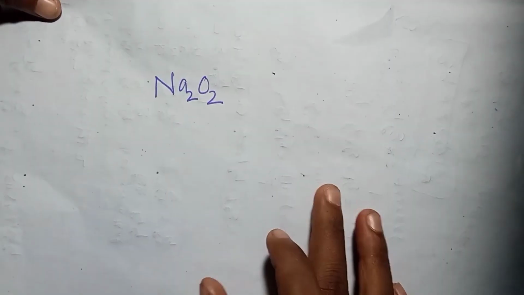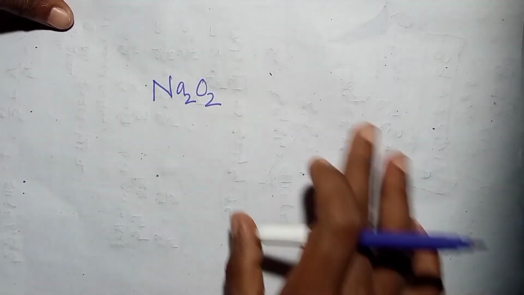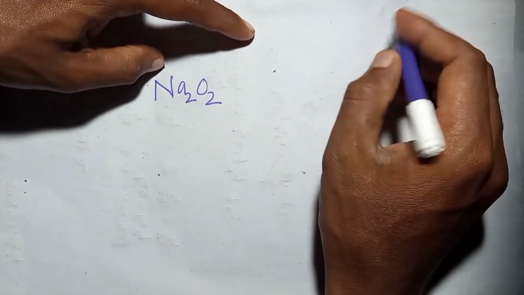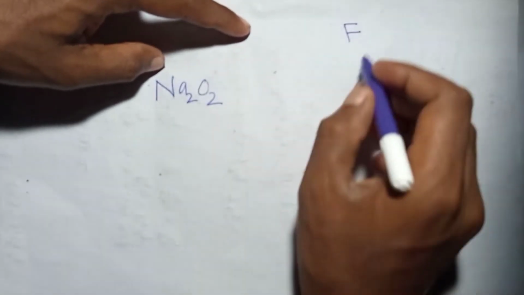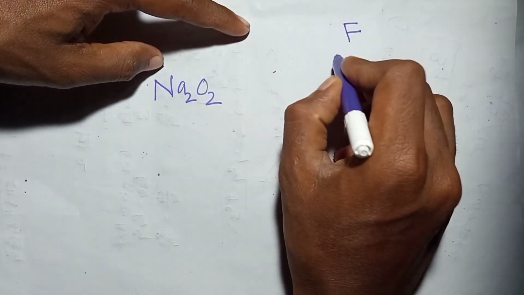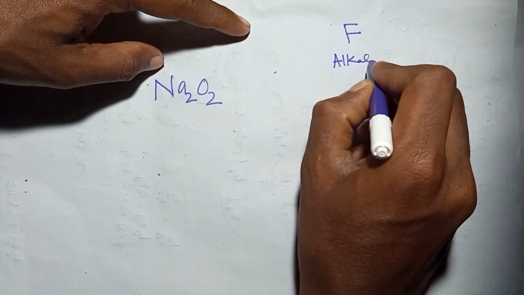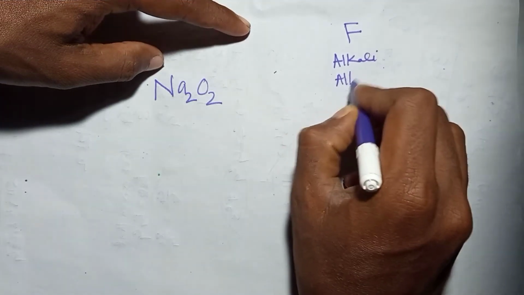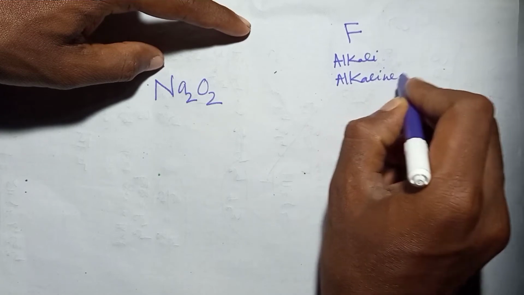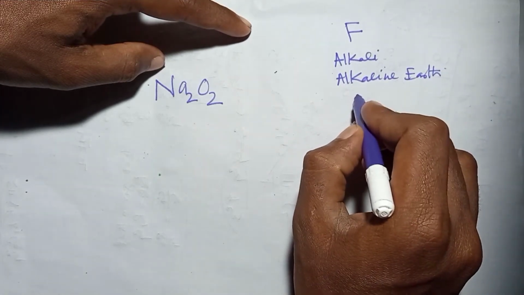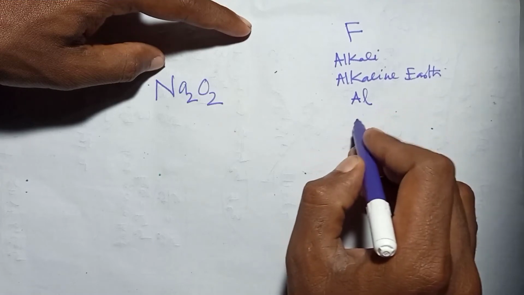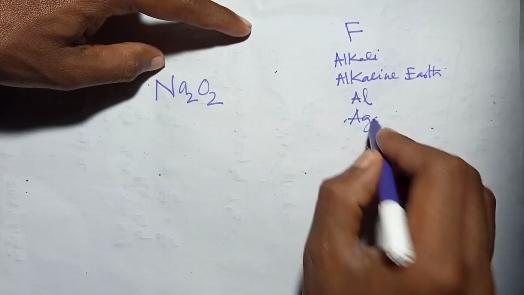So here the compound is Na2O2. Our priority order says that first I have to give an oxidation number to fluorine, then alkali metal, then alkaline earth metal, then aluminium, then Ag.